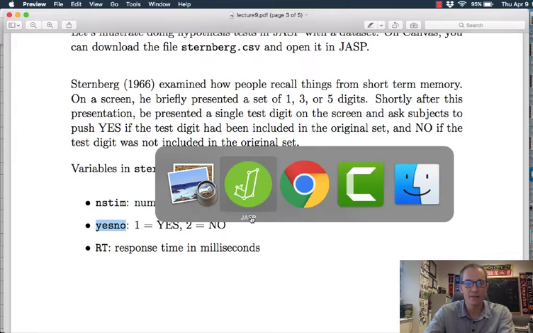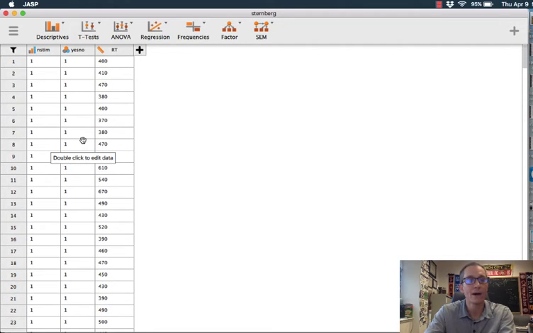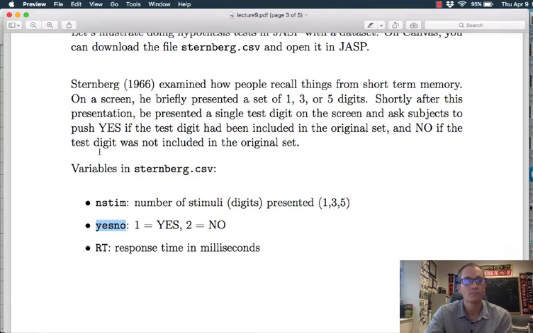Actually, now that I think about that, that is absolutely incorrect. Let's go back to JASP. No, that is absolutely correct. Never mind, I got ahead of myself. So 1 for yes responses and 2 for no responses. And then finally, a variable called RT, which is simply the response time, measured in milliseconds.